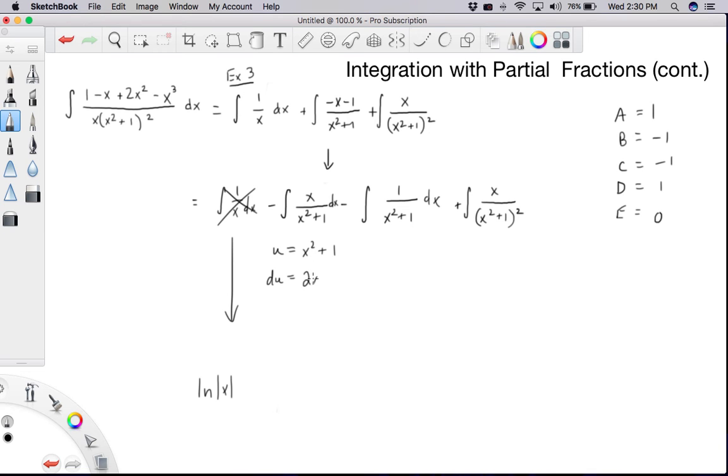That means du is going to be 2x times dx, and that means x dx is going to be 1/2 times du, which means this integral becomes negative 1/2 integral du divided by u, which is negative 1/2 times the ln of absolute value of u. So that's going to be minus 1/2 ln absolute value x squared plus 1.